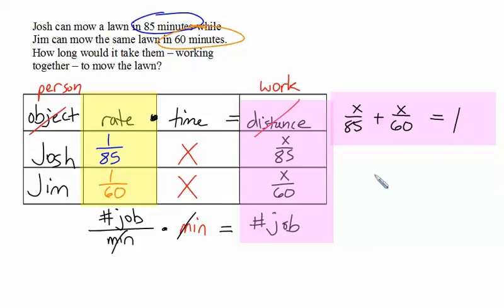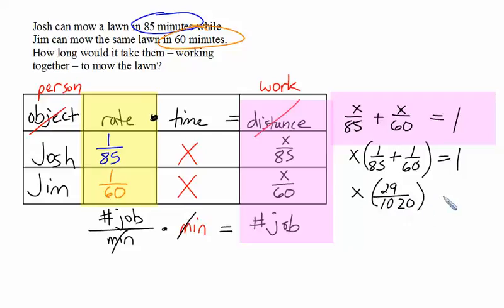Probably the easiest way to solve this equation is to factor out the x. We're left with 1/85th plus 1/60th is equal to 1. Use your calculator and please keep it as fractions until the very end. I know I've said that decimals are okay, but you have to wait until the end, otherwise your answer is going to be a little bit off. So 29 over 1020.